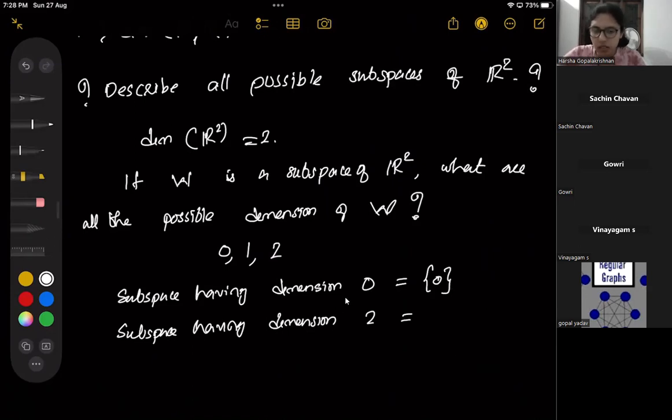It is a basis, so it generates the subspace. What is that subspace? R2. Two linearly independent elements generate the whole space R2. R2 itself is a subspace of R2. So there is only one subspace having dimension 2.